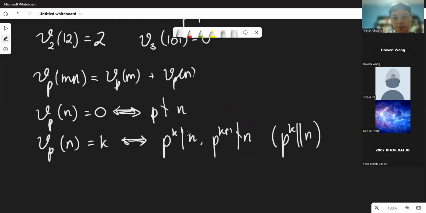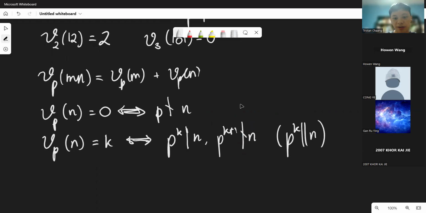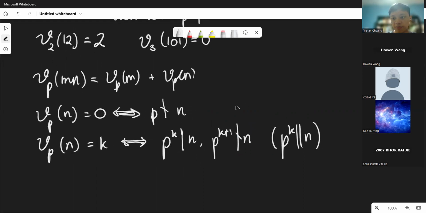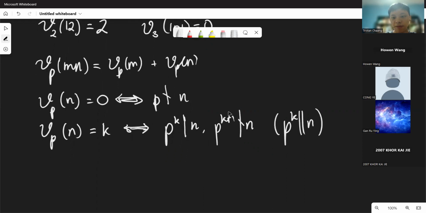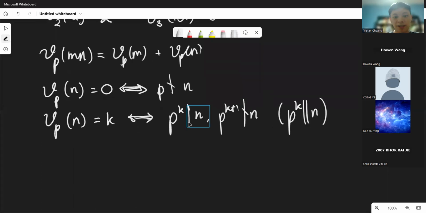Normally for our purposes, you can just take mod p to the k plus 1, because once you simplify n mod p to the k plus 1, you just have to make sure this result is not 0 mod p to the k plus 1, but is at the same time divisible by p to the k, then it's sufficient. So you don't have to take mod p to the k and then mod p to the k plus 1. You just have to take mod p to the k plus 1.